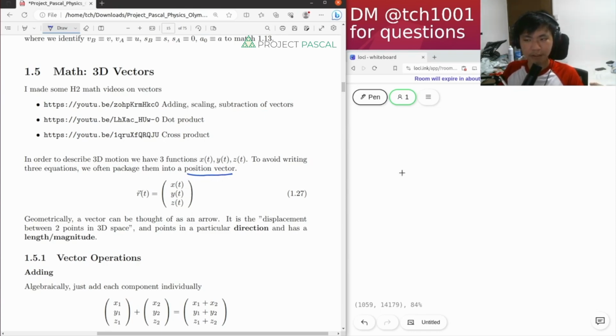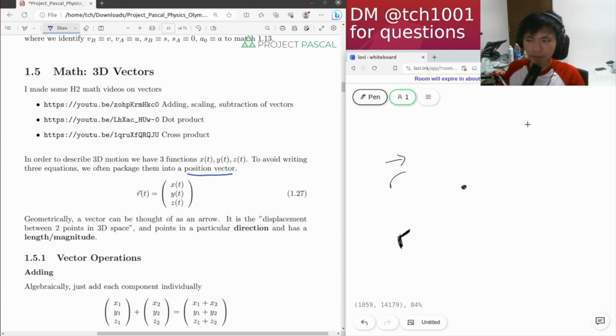Now for vector quantities, we often write an arrow over it, or sometimes you'll see the text bolded. So numerically, a vector is just a collection of 3 numbers which we often write vertically like this with a big bracket. But geometrically, a vector can be thought of as an arrow in space, an arrow that has direction and magnitude. So if I give you 2 points in 3D space, you can draw an arrow from one to the other, and that is known as a vector.